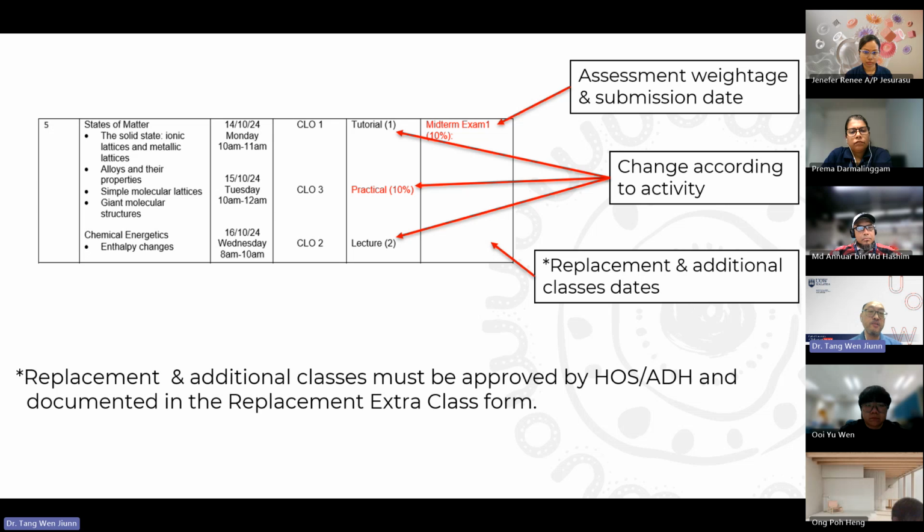And also find time for, let's say you have a 1 hour quiz or 1 hour midterm exam planned out. You are not sure when to put it, and you don't want to eat into your lesson time, for example. You want to find extra hours to do that assessment. So you can discuss on the first day itself.